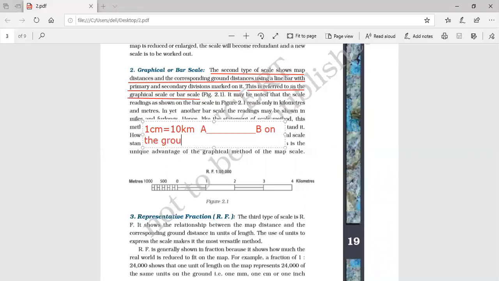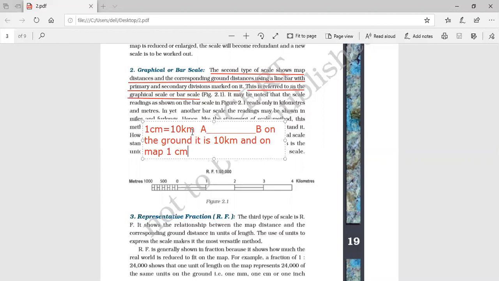On the ground it is 10 kilometer, and on the map we are showing it with the help of 1 centimeter. So this is a statement scale where on the left hand side we have the unit in centimeter, on the right hand side we have the unit in kilometer.